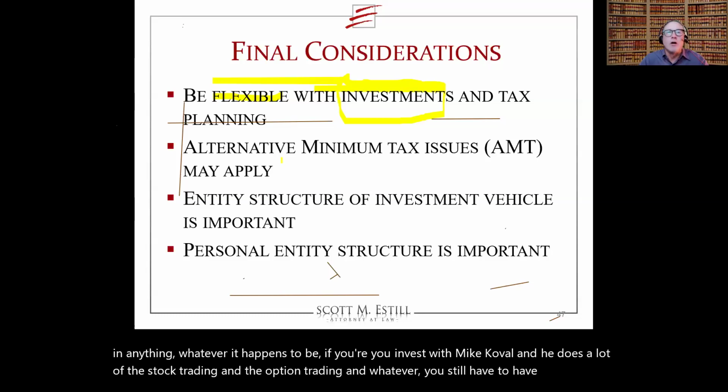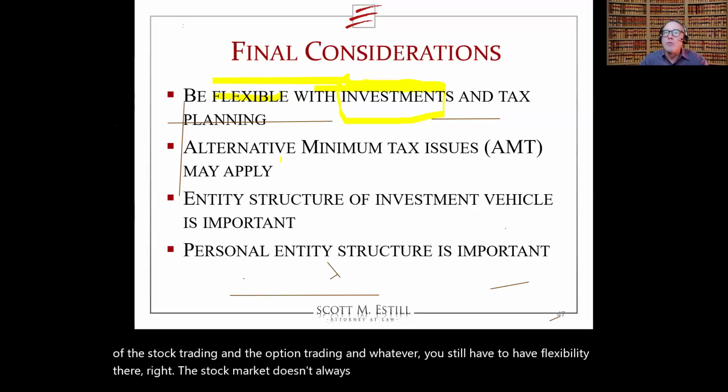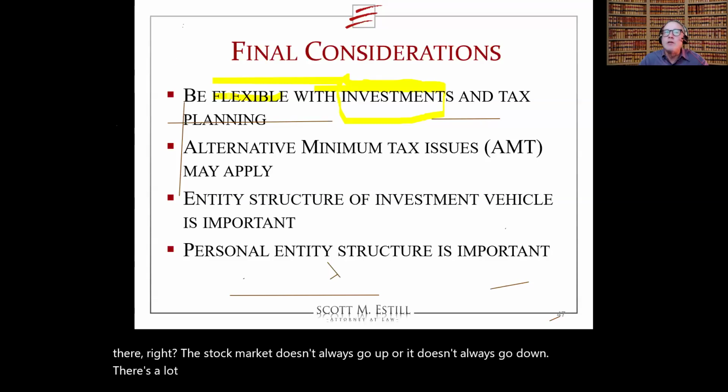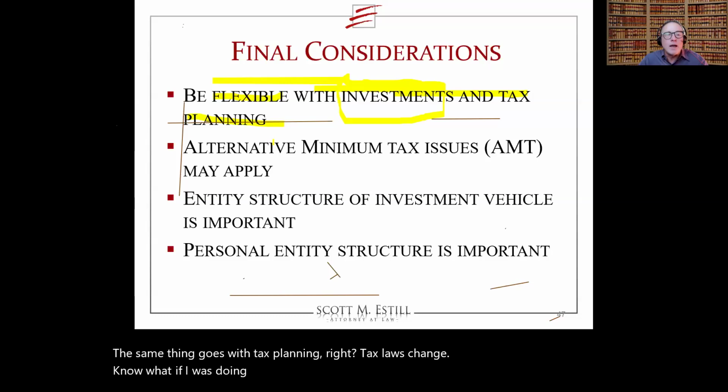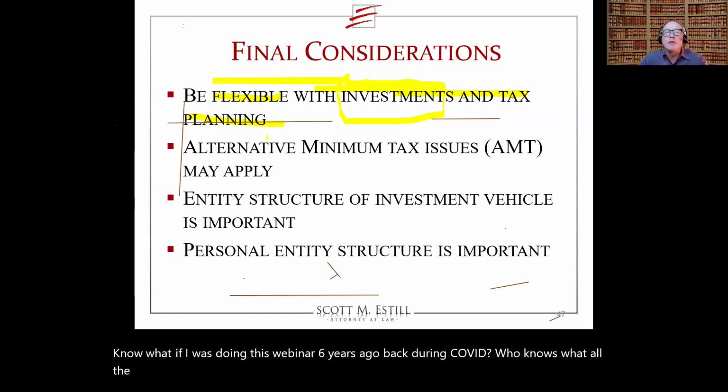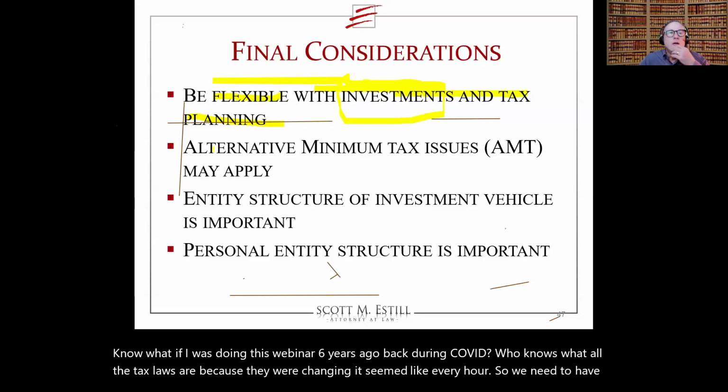The stock market doesn't always go up or always go down. There are a lot of weird things that can happen, so we need to maintain flexibility. The same thing goes with tax planning. Tax laws change. If I was doing this webinar 6 years ago, back during COVID, who knows what the tax laws were, because they were changing, it seemed like, every hour. So we need to have flexibility with our tax plan.